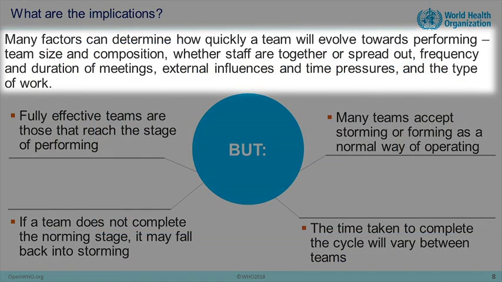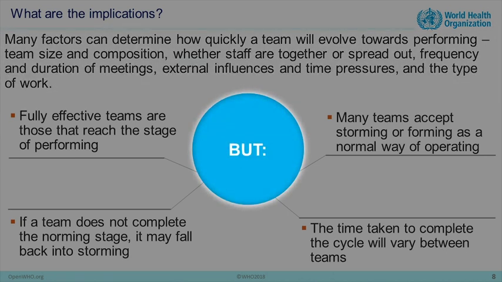Many factors can determine how quickly a team will evolve towards performing. Team size and composition, whether staff are together or spread out, frequency and duration of meetings, external influences and time pressures, and the type of work.